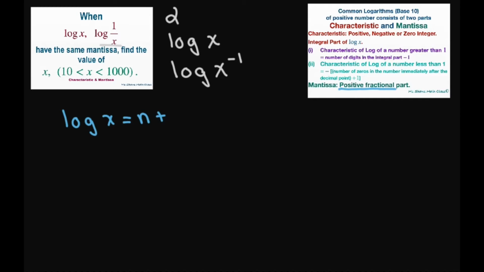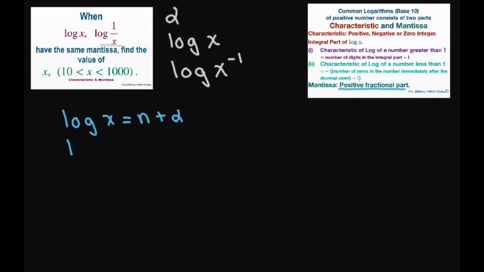We have our alpha is going to be the mantissa of log of x, and I'm going to write this one as log of x to the power of -1. If they're the same, then we're going to have log of x equals some integer, the characteristic, plus the positive fractional part, which is the mantissa.